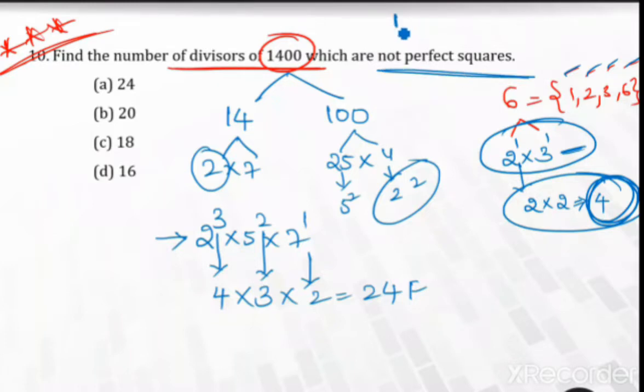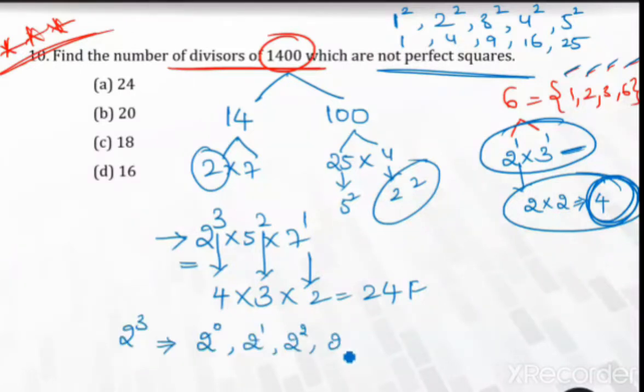Now squares are starting from 1 square will give the result as 1, 2 square will give the result as 4, 3 square 9, 4 square 16, 5 square 25. Now please pay your attention. 2 power 3 is including which of the following numbers? 2 power 3 is including 2 power 0, 2 power 1, 2 square and 2 power 3.